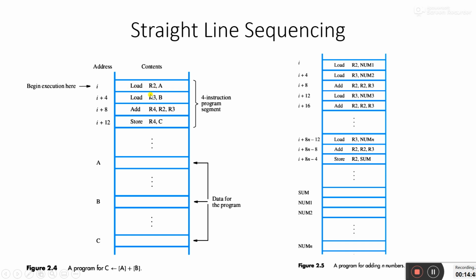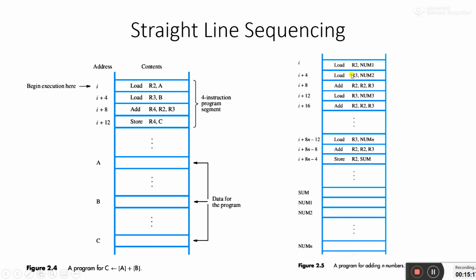All the instructions are stored one by one: firstly load R2 A, load R3 B, add R4 R2 R3, and store R4 C. All these instructions are written sequentially, and all of them are stored in the memory sequentially. That is how the sequencing happens.